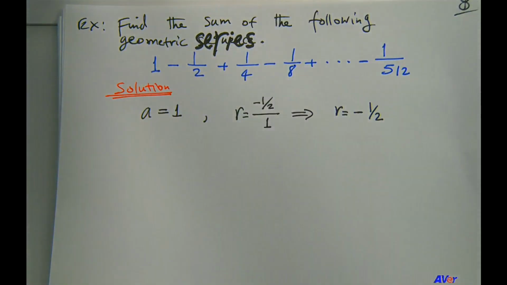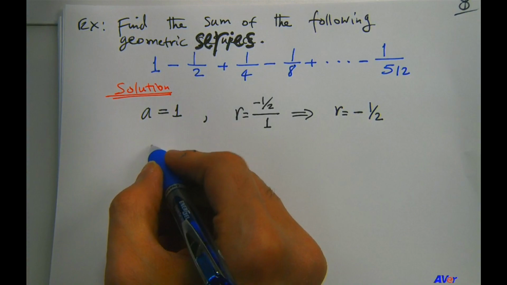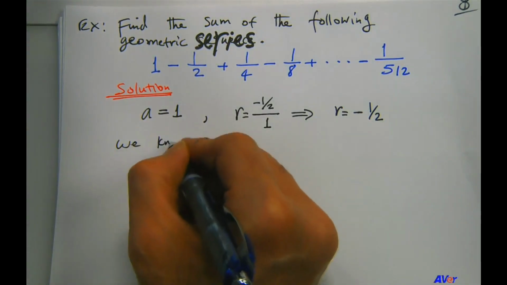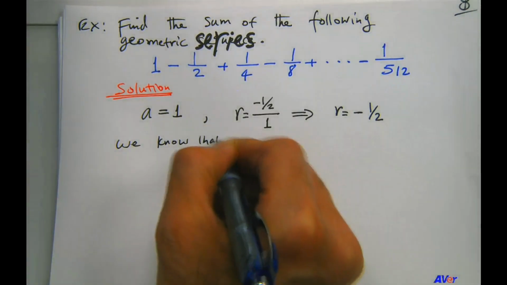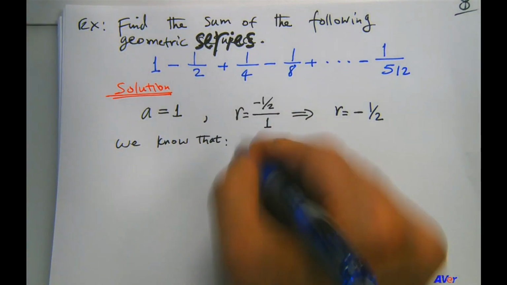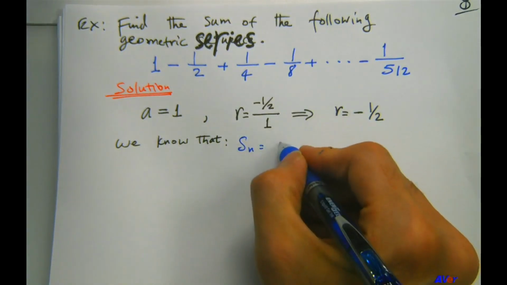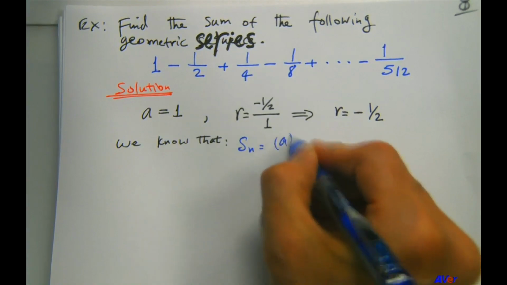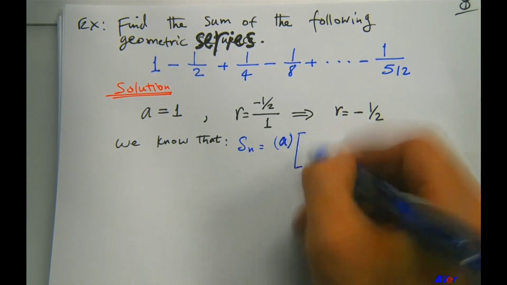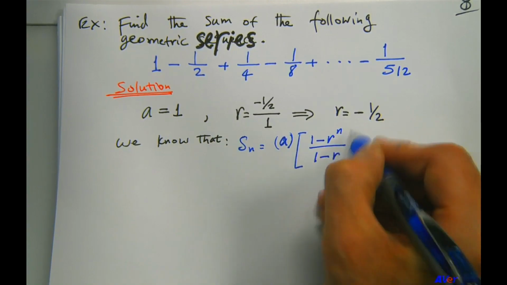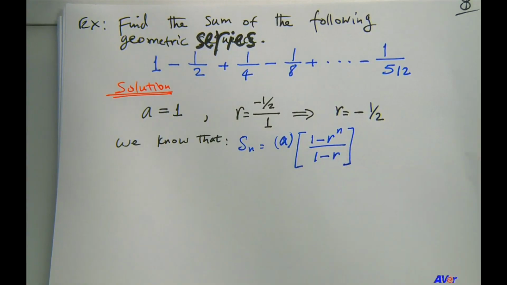So let me write down the partial sum formula for the geometric sequence. We know that the partial sum is equal to a times 1 minus r to the n power over 1 minus r, right?